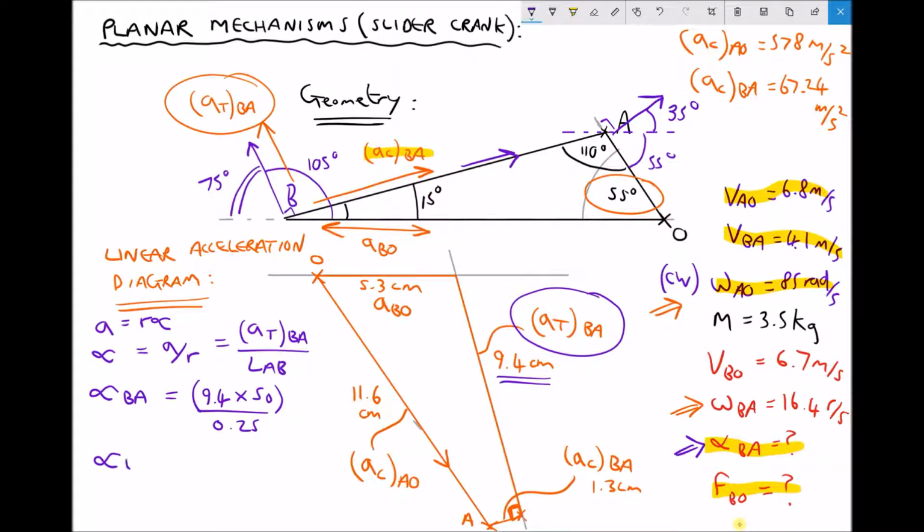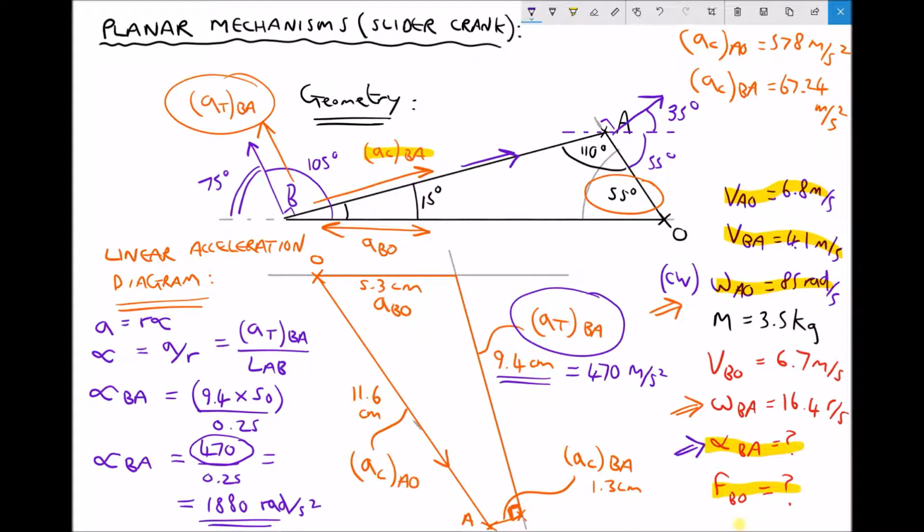That gives us an angular acceleration of B relative to A equal to 470 over 0.25, which equals 1880 rads per second squared, because it's an angular acceleration in SI units. Incidentally, the 470 on the top of that fraction there represents the tangential acceleration of B relative to A. So 470 metres per second squared.